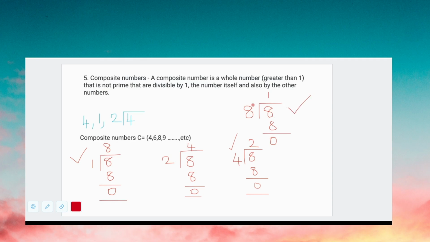It is divisible by the same number 8, and also by other numbers, 2 and 4.